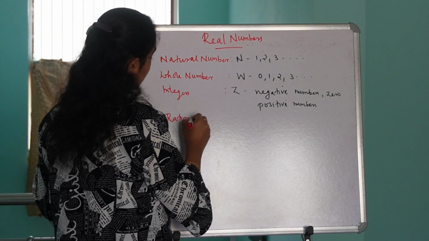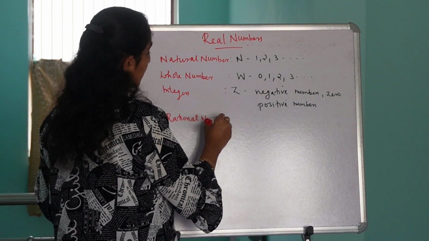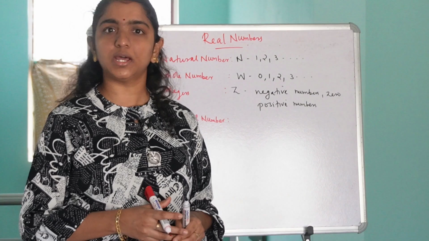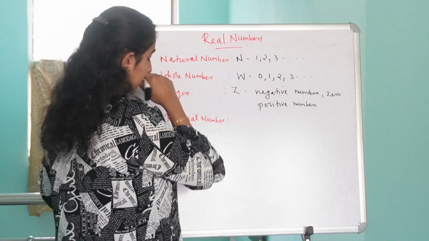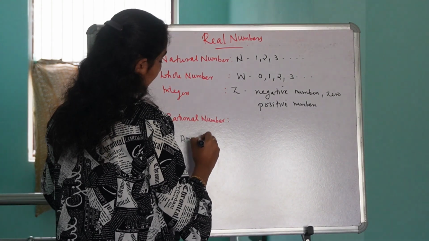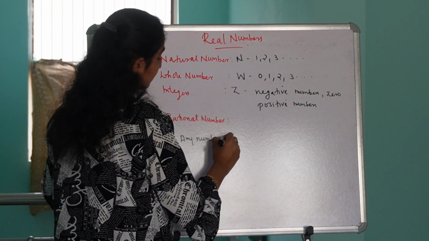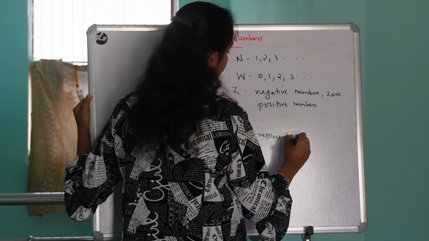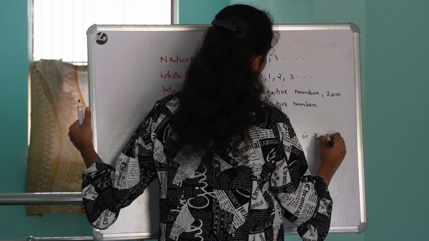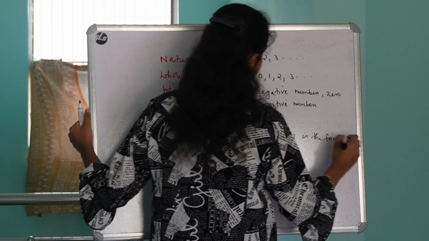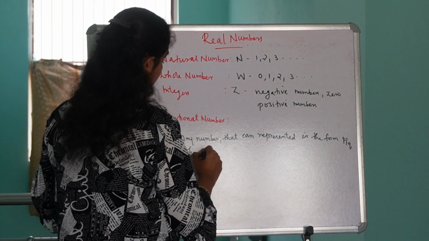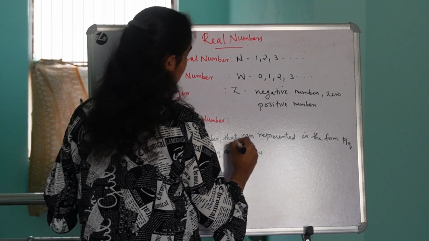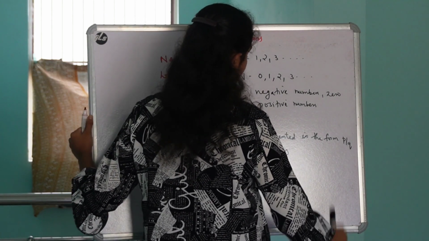The next set is the set of rational numbers. The set of rational numbers is a collection of all rational numbers. So what are rational numbers? I'll write it first, then I'll explain it to you. Any number that can be represented in the form p by q, where p and q are integers, and q is not equal to 0.